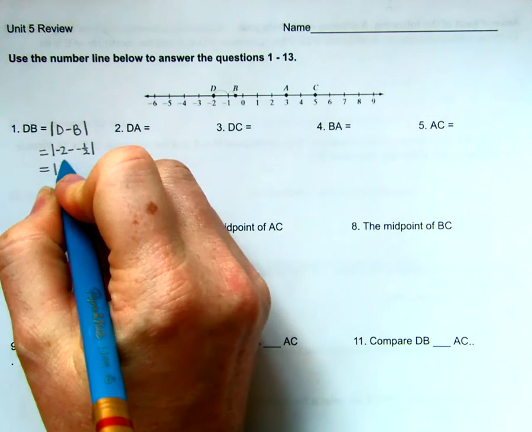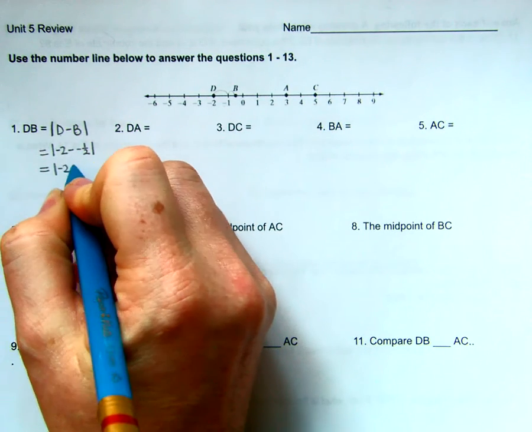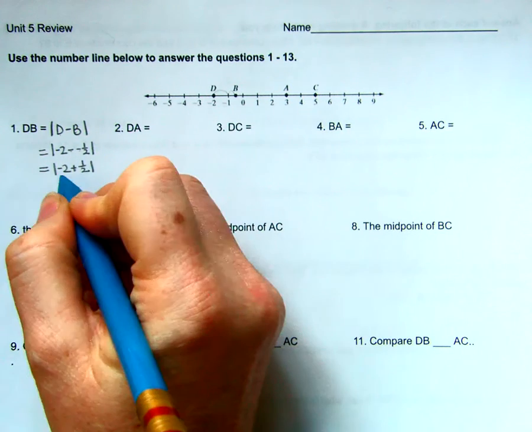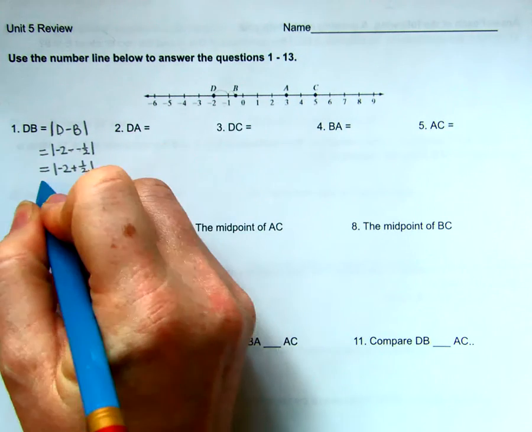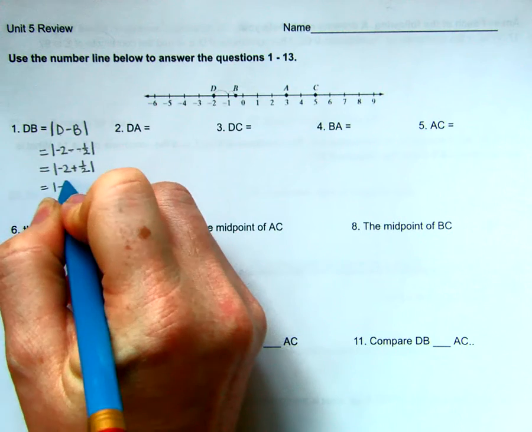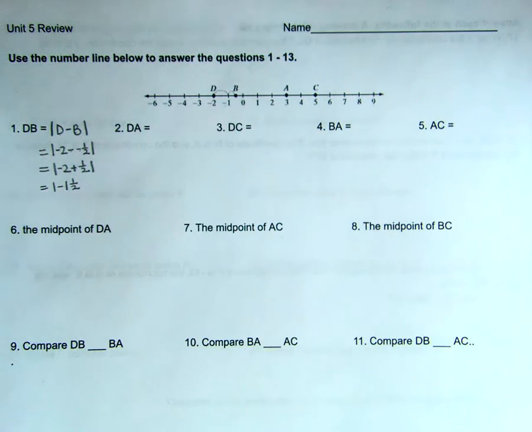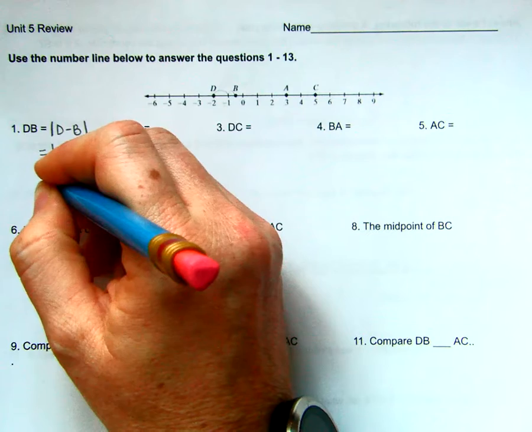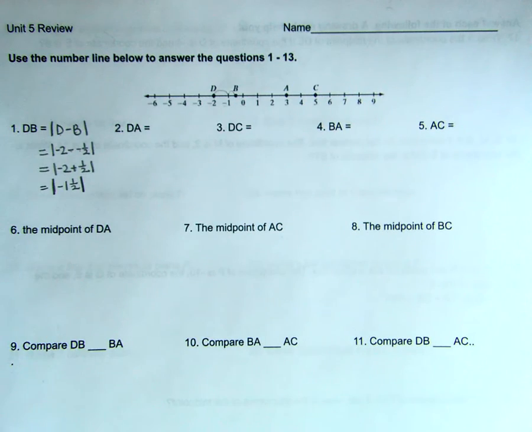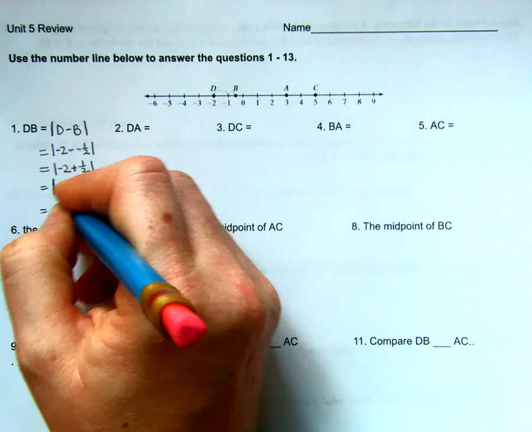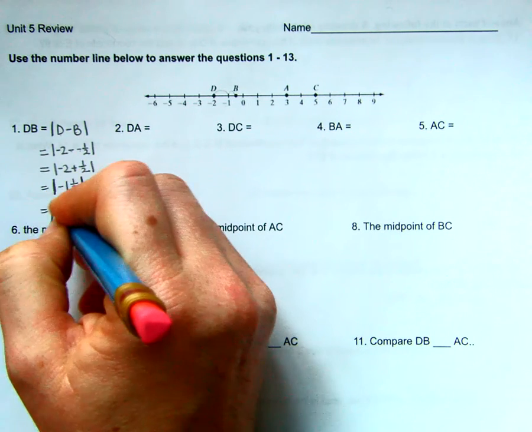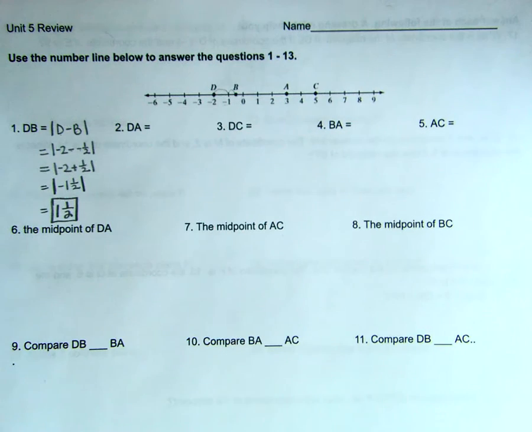So this is the absolute value of -2 plus 1/2, right? Minus a negative becomes plus. And then -2 plus 1/2 is -1.5. You can work in decimals if you prefer that as well. So we're looking at the absolute value of -1.5, which comes out as 1.5 units long.